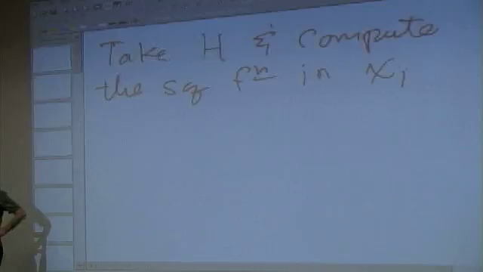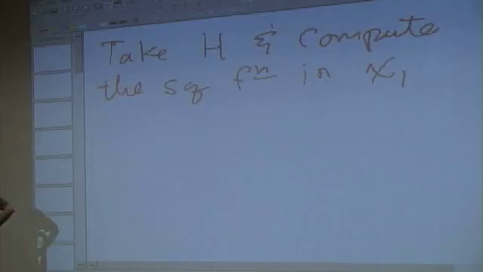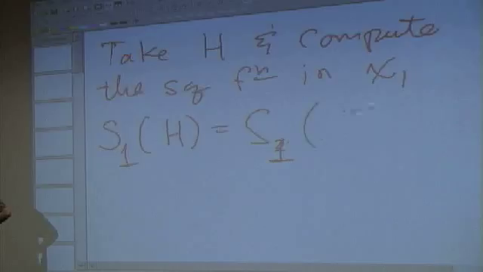So H is a function on R^3, so a simple thing to do would be to take the square function in all of R^3. But don't do that, just look at the first coordinate. So the square function, and let me just write sub 1 to indicate that we're only looking at the square function in the first coordinate of H. Just remember that this is S1 of the sum of the f_R's, where the length of the R's is n.